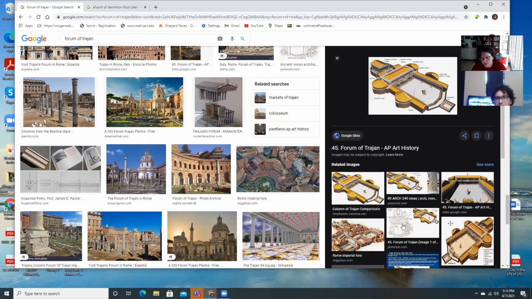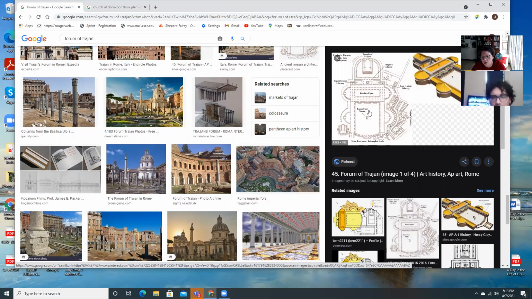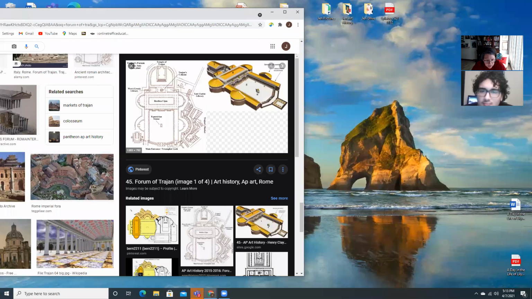But if you were comparing, you would want to look at the footprint and see, okay, here you've got this area here, that's the Forum. You've got the Basilica here. And then you've got a temple behind it. I wonder if I can launch another browser.